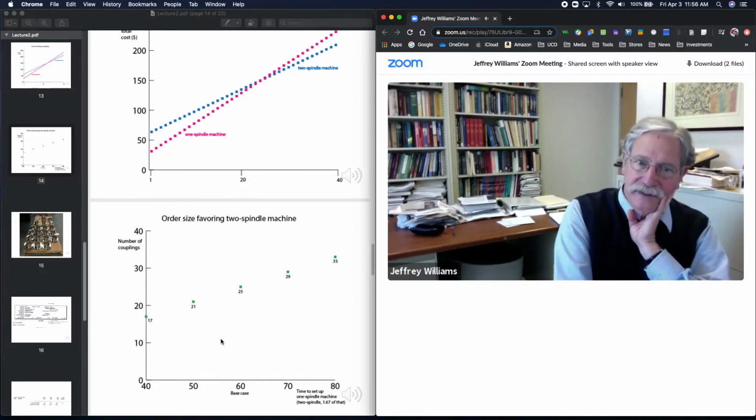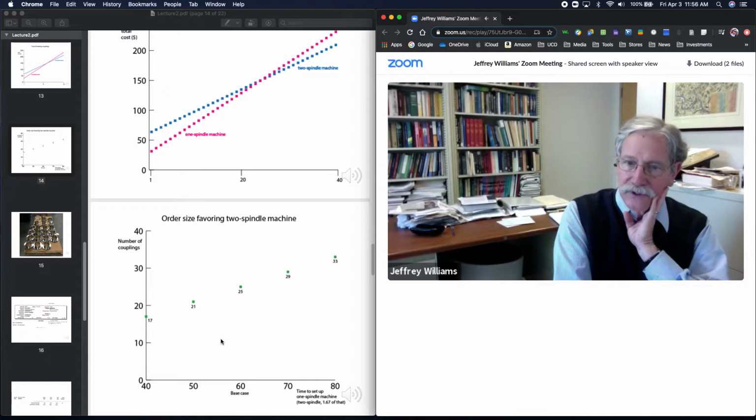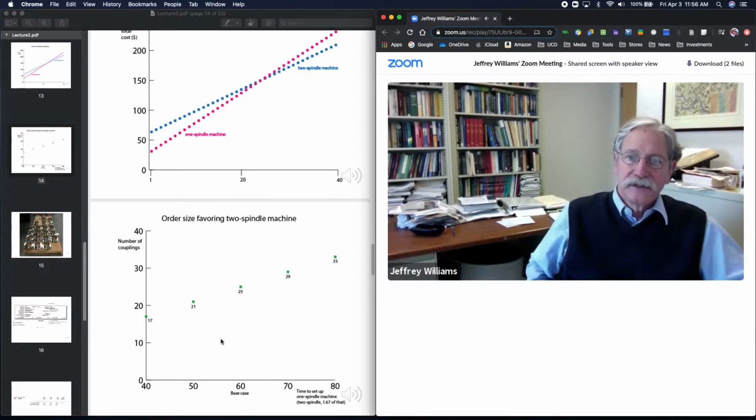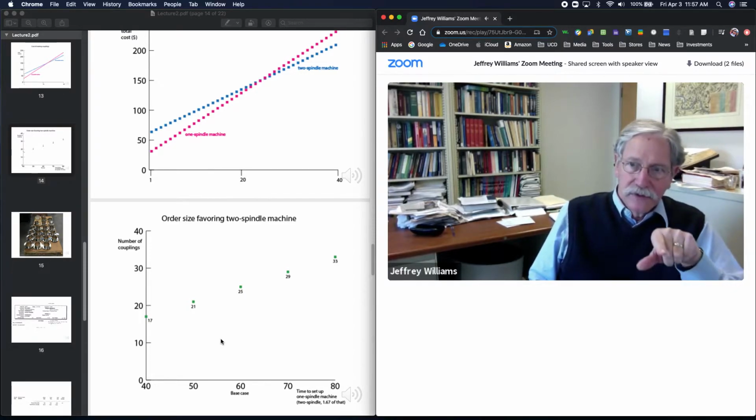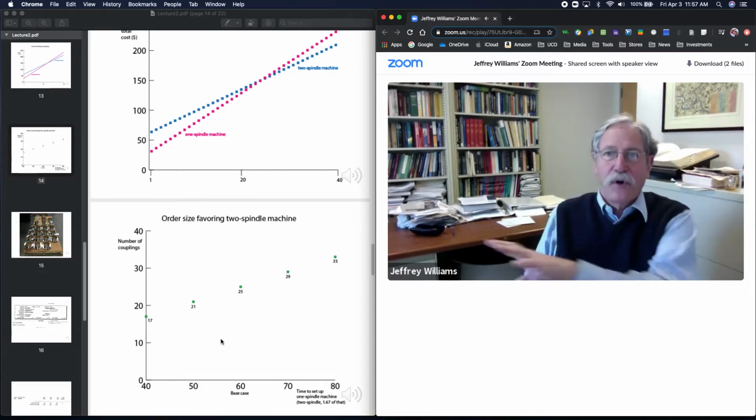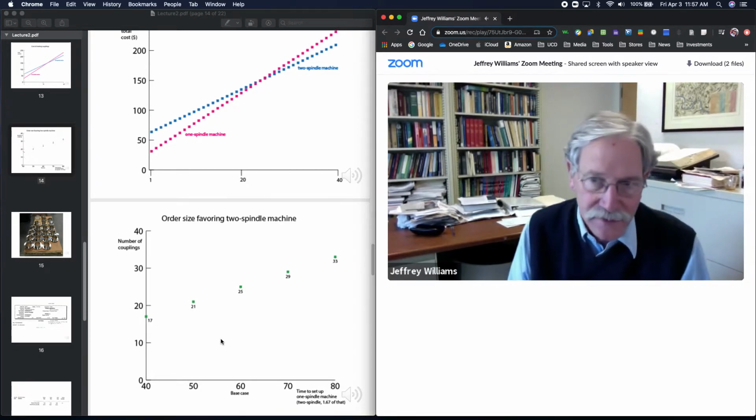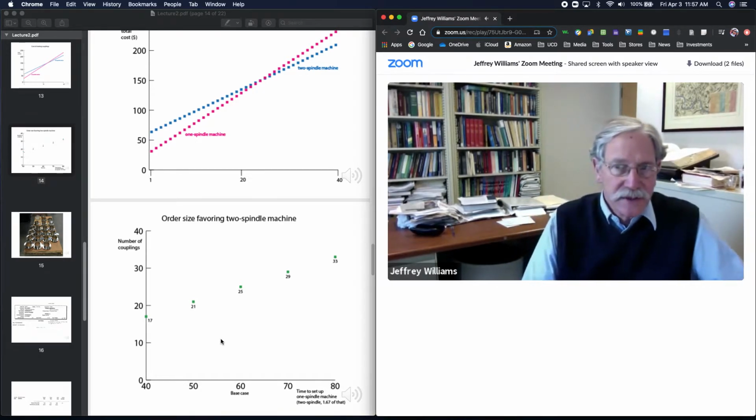And I'm asking, how does that crossover point change with one of those underlying parameters, like W1, or here the setup time? From a mathematical perspective, this diagram shows a partial derivative. How does something change with respect to? Holding all the other things constant. That is a partial derivative.